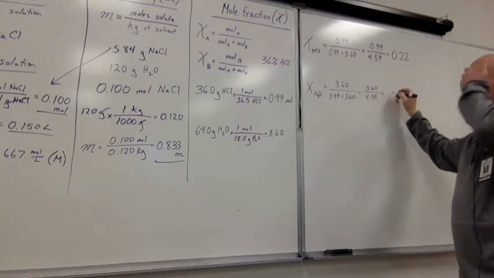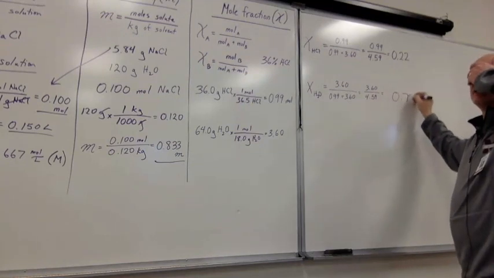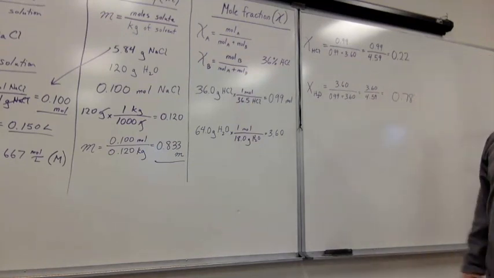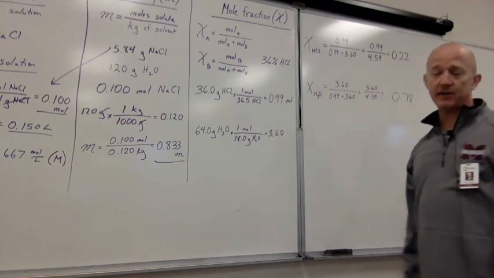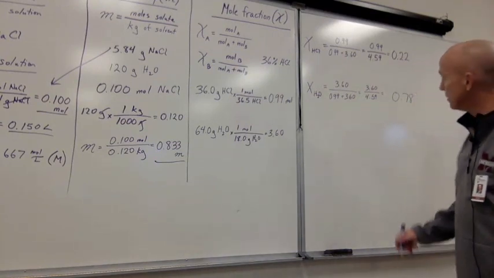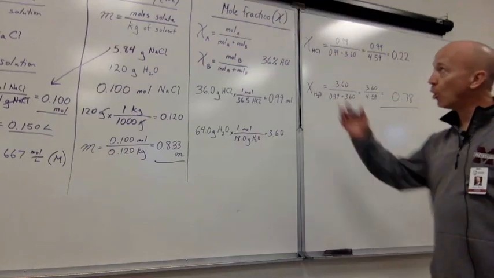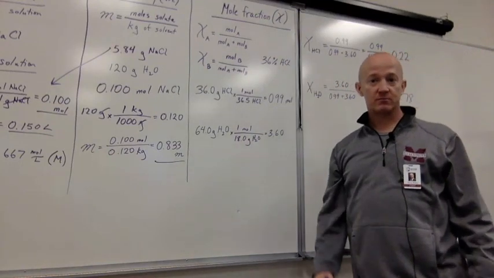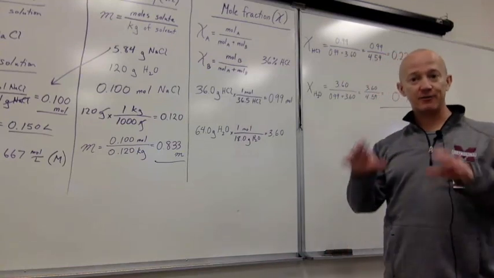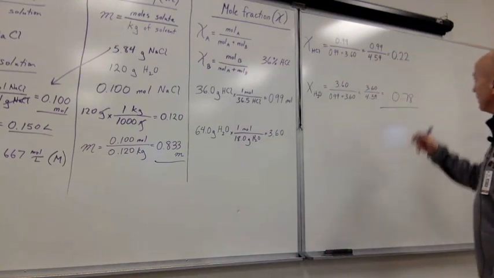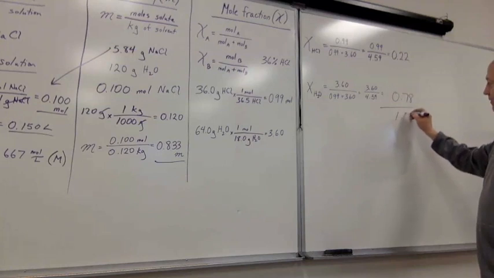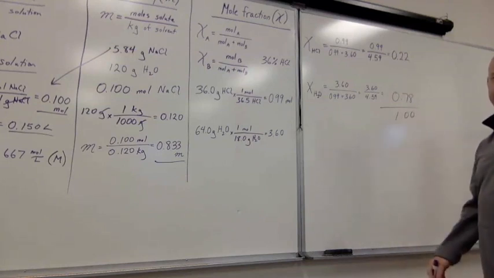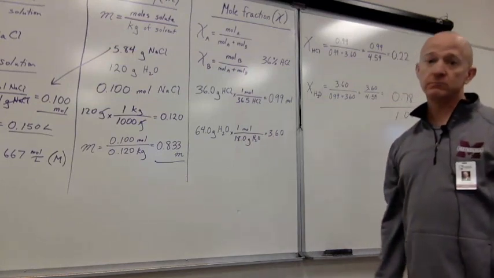And the answer is going to be 0.78. How did I do that? Here's how. Mole fraction, it's in the name. A fraction of what? A fraction of the whole. So these two together should always equal 1.